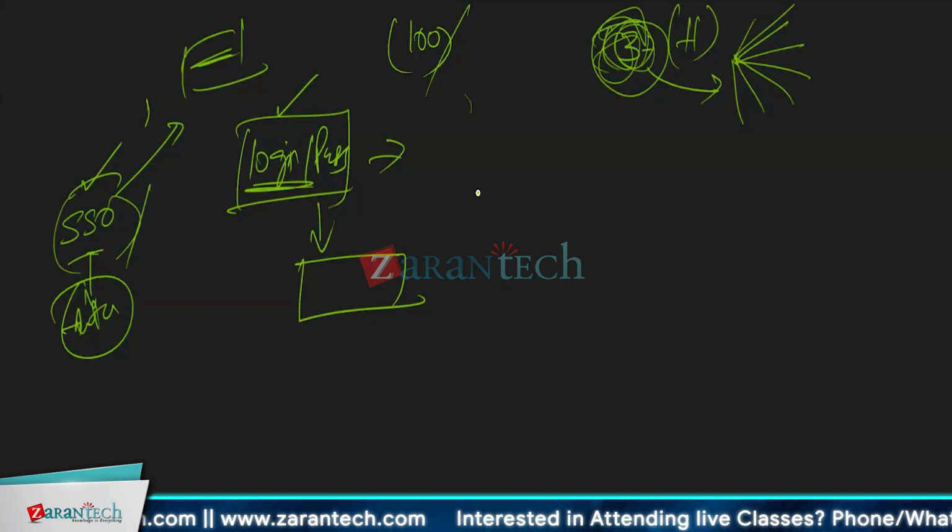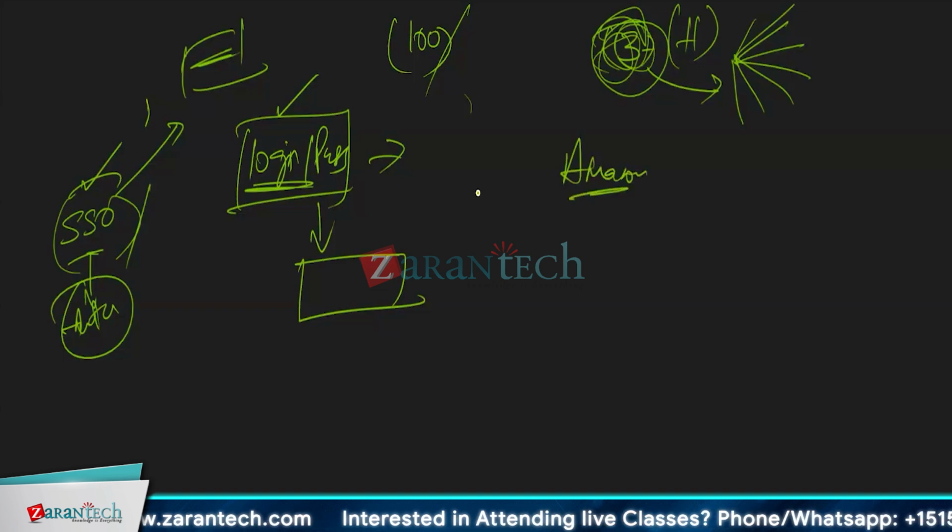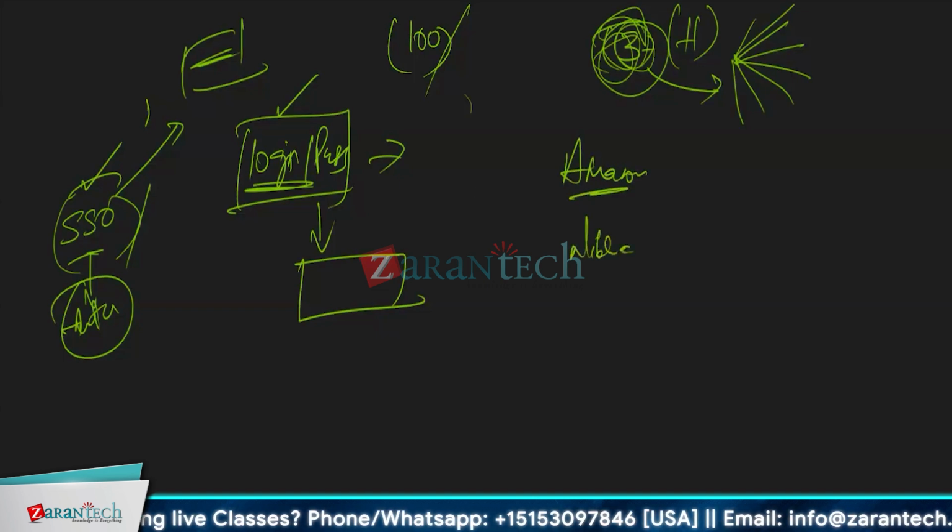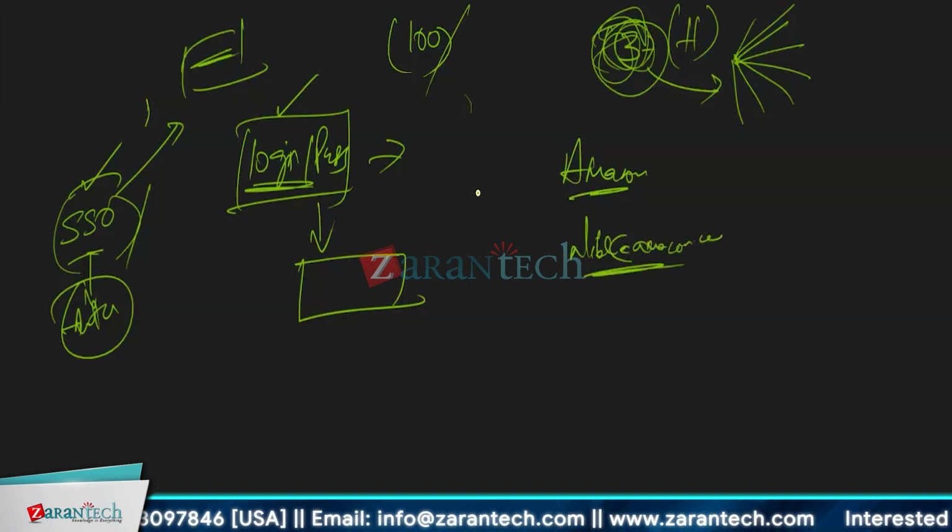Now depending upon what type of access you want to provide, if you want to enable SSO, you have to hire the employee with an email ID. For example, if the company is Amazon, the employee should have, for example, nikhil@amazon.com. Only then I will be able to use SSO, because SSO will be linked to your company page, right?